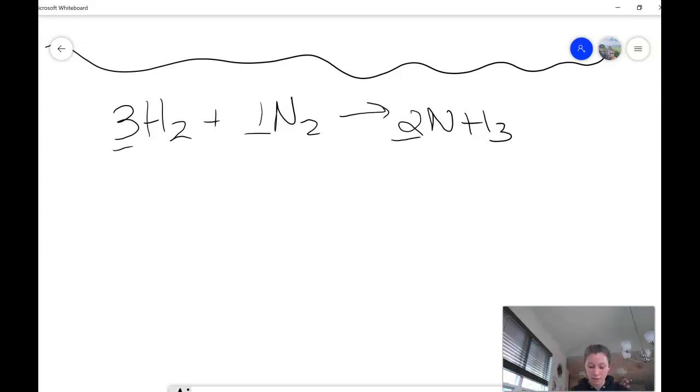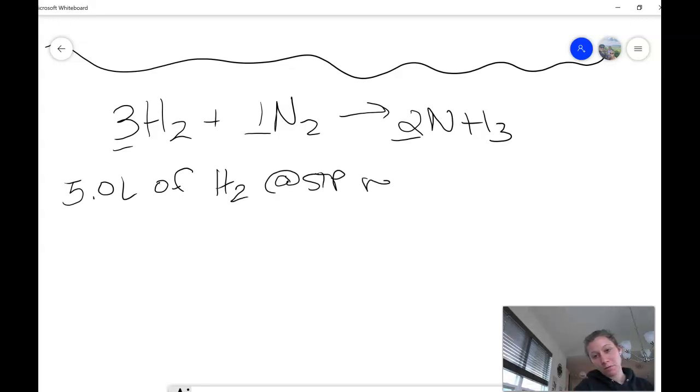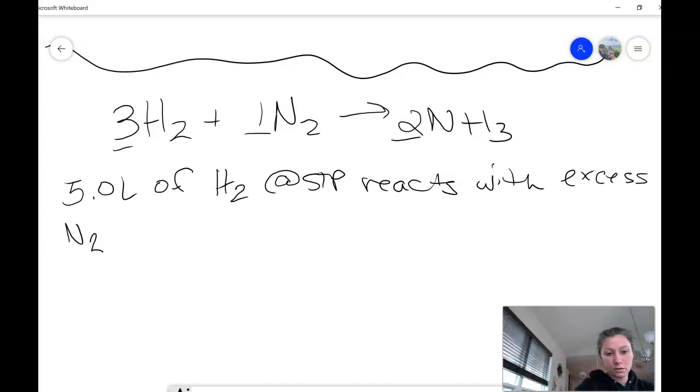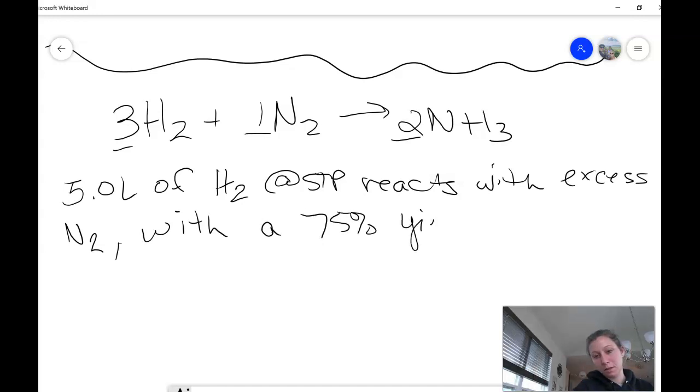Let's say in this process, 5 liters of hydrogen at STP reacts with excess nitrogen with a 75% yield.